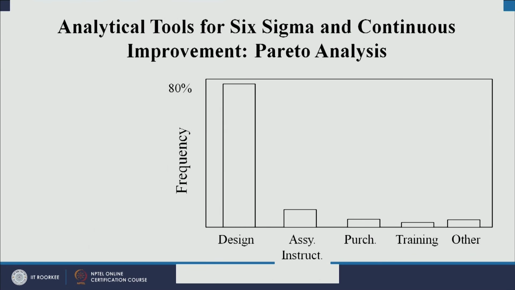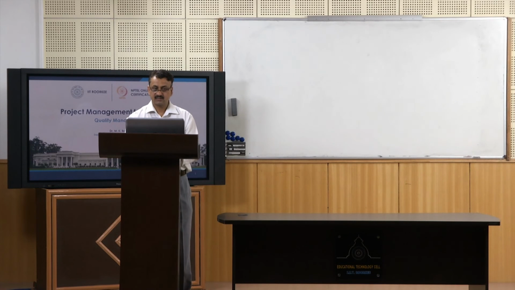Let us look at one more chart. It is called the Pareto chart. This is applicable in almost all situations. Let us say in a process, or in an organization, there are several defective parts. Let us say we have found that 80% of faults are due to design problems.